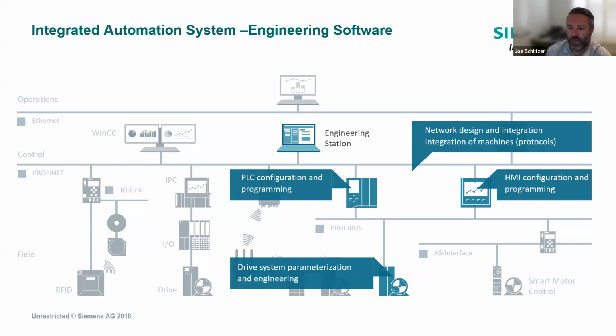And then separate from that, we had the HMI programming software, which was WinCC. And then you might have some separate network designing tools or diagnostic software. There is separate drive software called Starter. And then there's additional software packages on top of that. So it was quite cumbersome to manage all those different software packages for your PLC and HMI and other device programming.